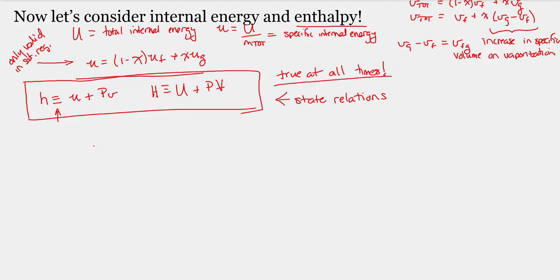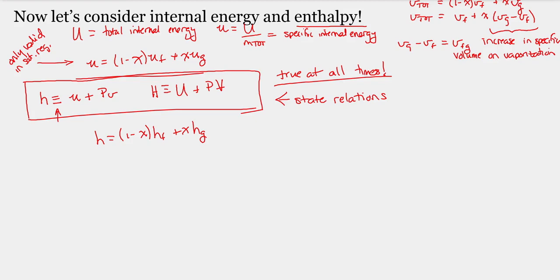If we're within the saturation region, then the enthalpy can be written in terms of the quality of the mixture, just like we can write the internal energy in terms of the quality of the mixture, just like we can write the density and the specific volume in terms of the quality of the mixture.